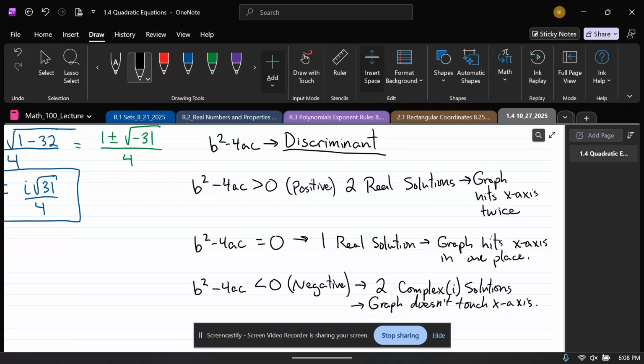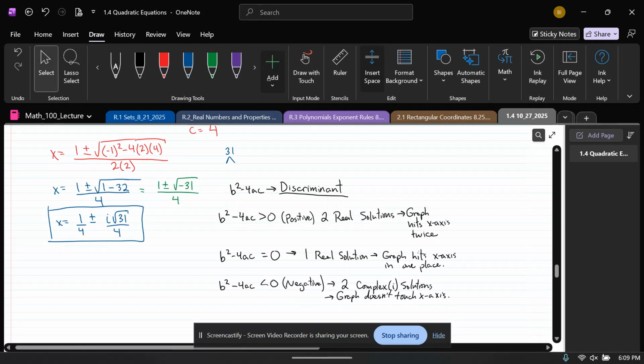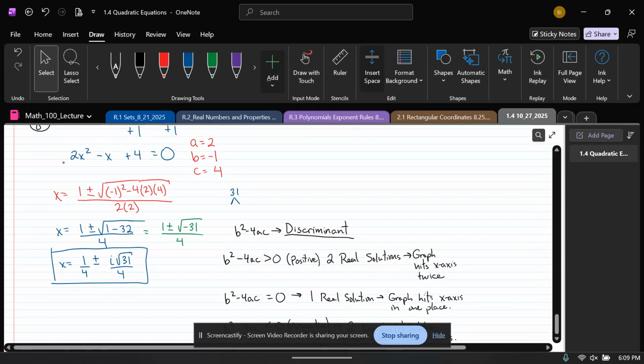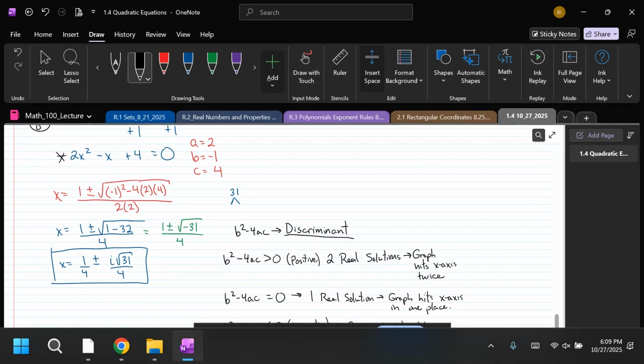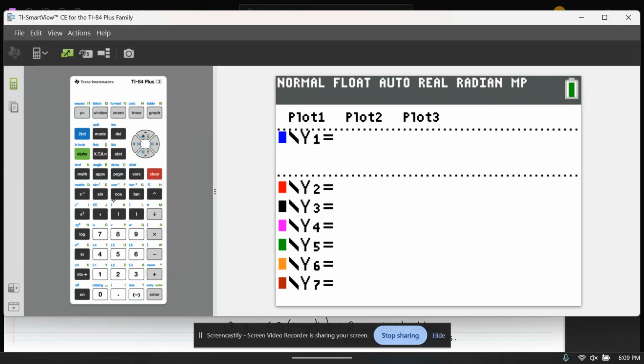So one of the things you can do to help yourself with this is graph the equation that's equal to 0. You can see where it's hitting the x-axis, or if it's hitting the x-axis. For example, if I graphed that problem right there, 2x squared minus x plus 4, I'm going to go to my calculator.